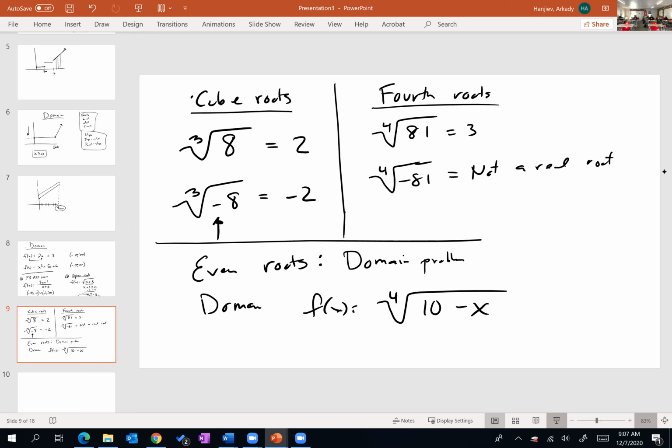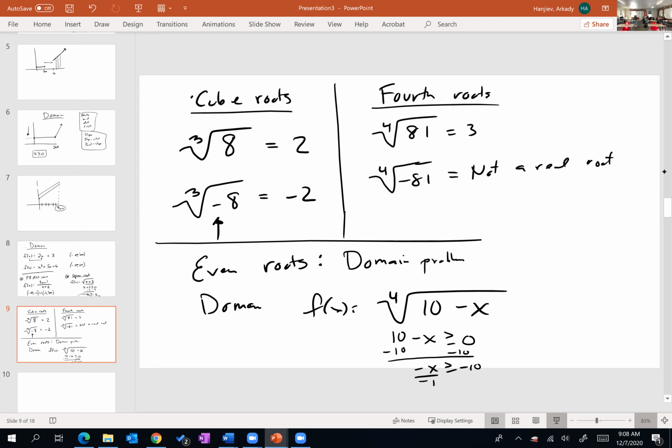What's the domain here? We're going to do exactly what we did for the square root. When is 10 minus x going to be greater than or equal to 0? Solve that one. I would subtract 10 from both sides and get negative x greater than or equal to negative 10.